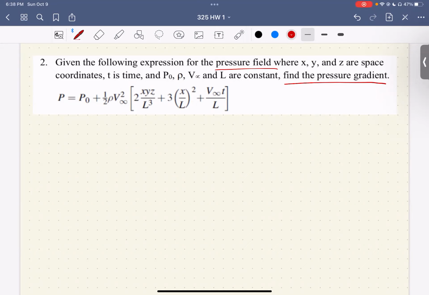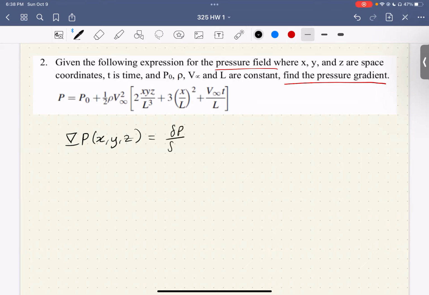We can skip the generic definition and go straight into the pressure gradient as we were talking about in the previous question. So we know that is denoted by the del operator, P, and then we can see we have X, Y, Z. So you can choose to keep this in. It's just helpful to remind yourself that it is a function. So right away, we know we have lowercase delta to denote the partial derivative.